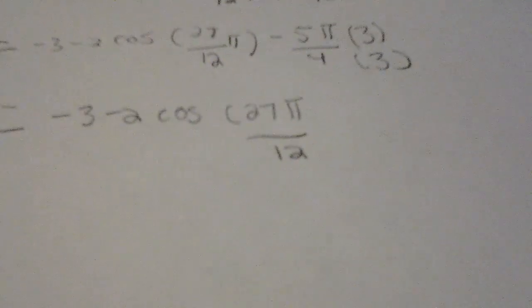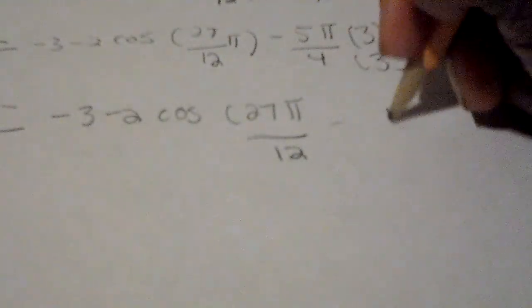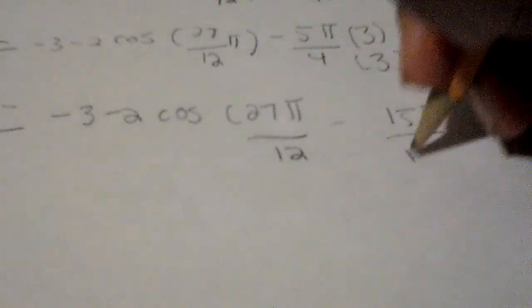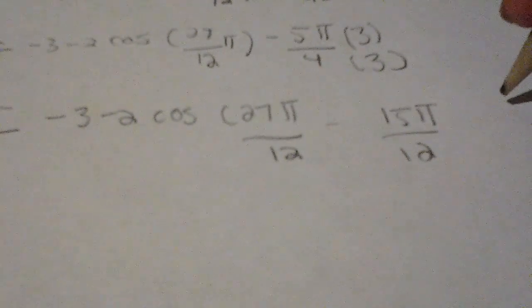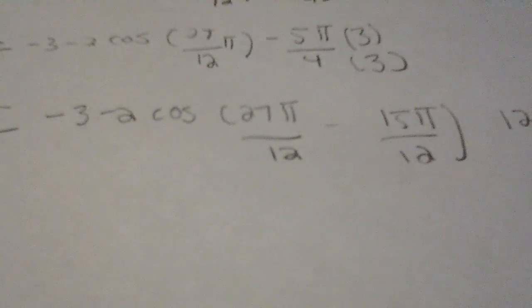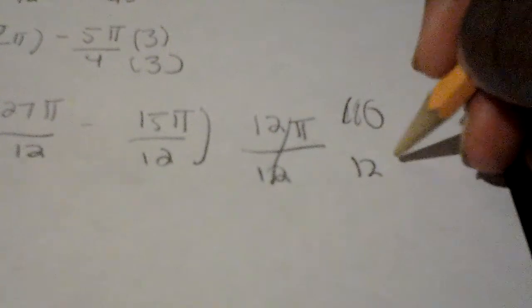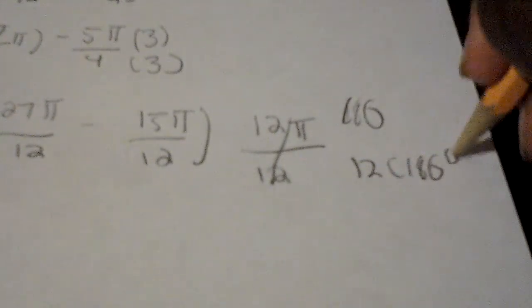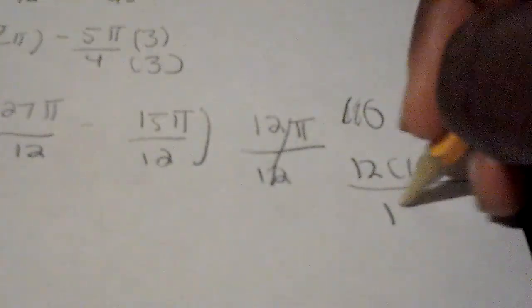Cosine of 27 pi over 12 minus 15 pi over 12, that's 12 pi over 12. You gotta remember, you got a 180. 180 over 12.